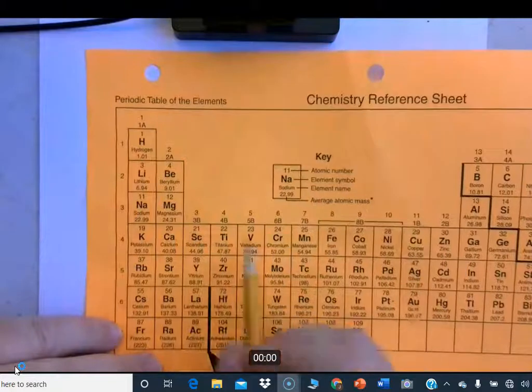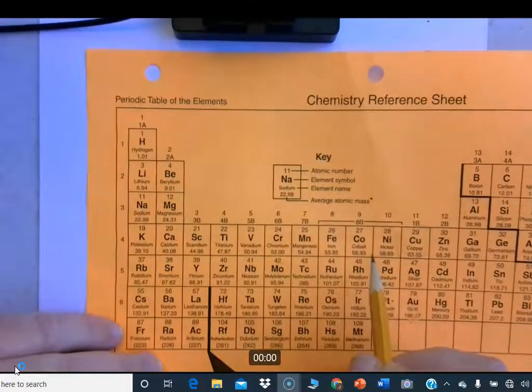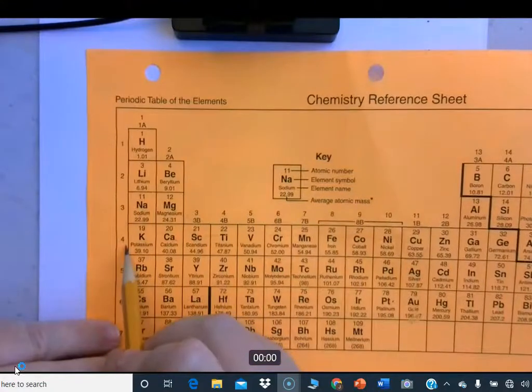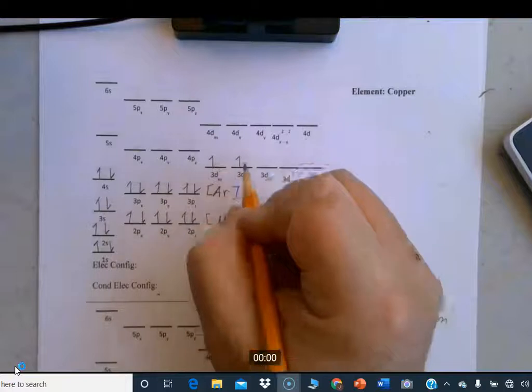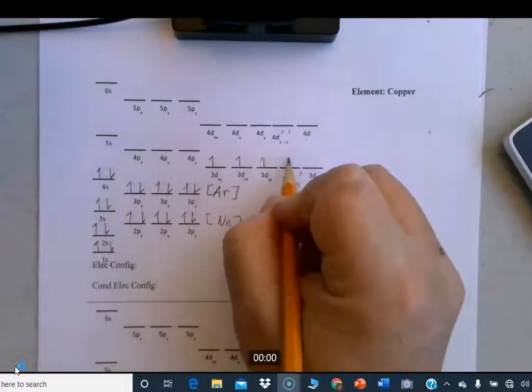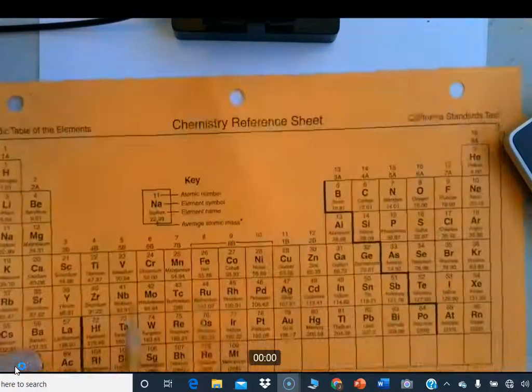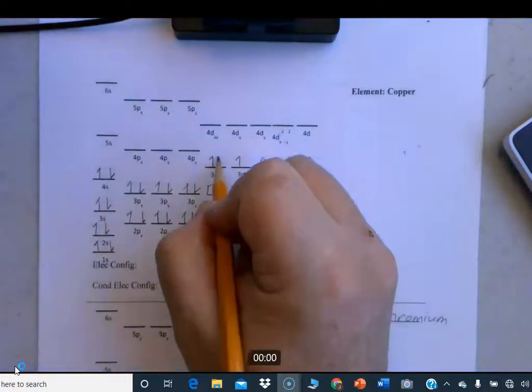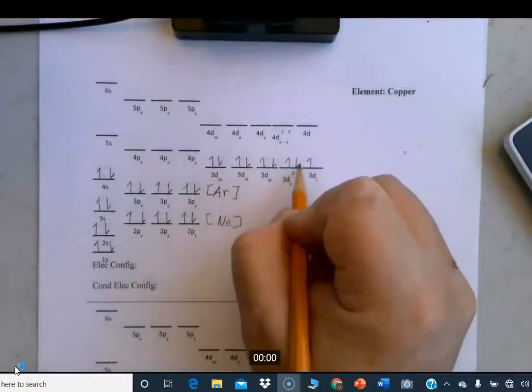Remember that transition metal, the d orbital, is one row below its number. So this is the 3d, even though it's in the 4th row. Okay, so we go up, up, up, up, up. Remember, copper's 9 electrons over in the 3d orbital. So now we go down, down, down, and down.